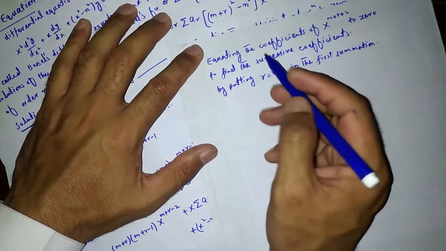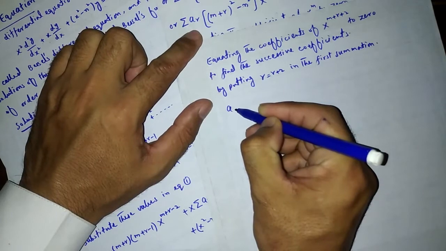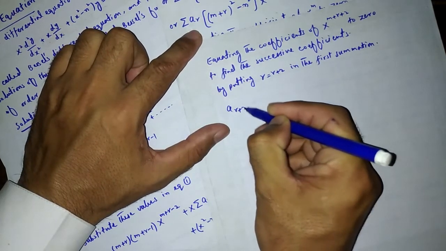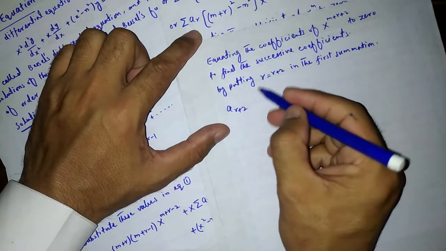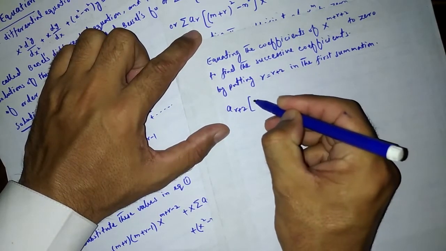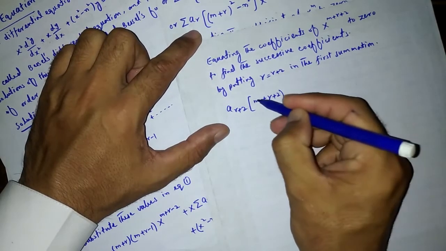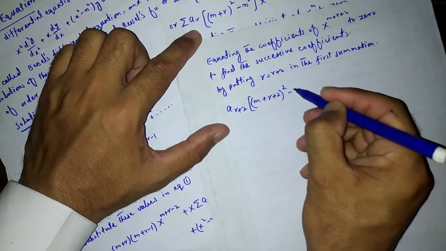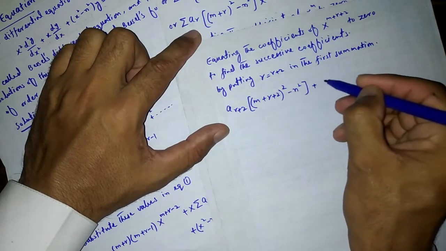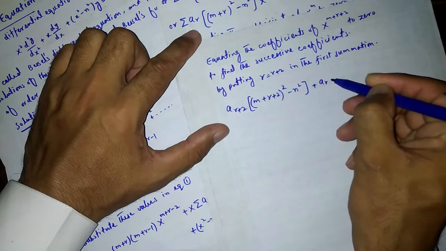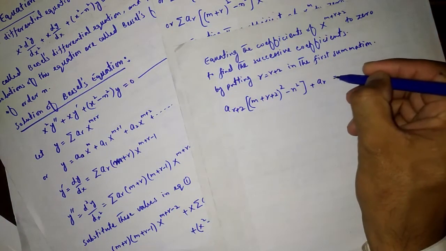So you can see it here. This is a into a_(r+2), by replacing r by r plus 2, into m plus r plus 2 whole square minus n square, plus a_r. This is equal to 0.